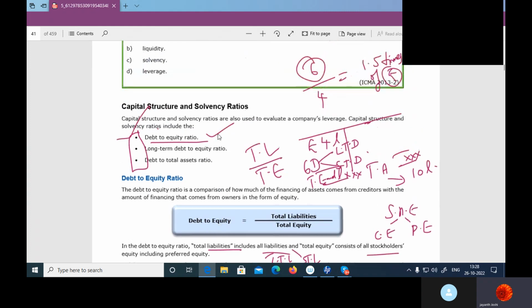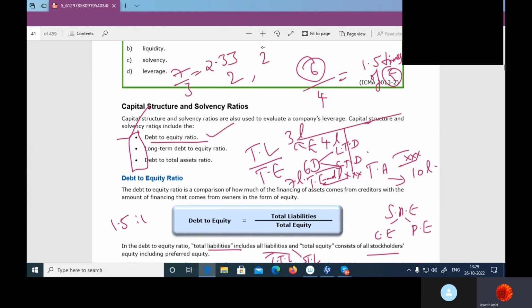In our case we got 1.5 is to 1, correct? If we would have taken, for example, equity of 3 lakhs and debt of 7 lakhs, 7 by 3 gives you 2.33.